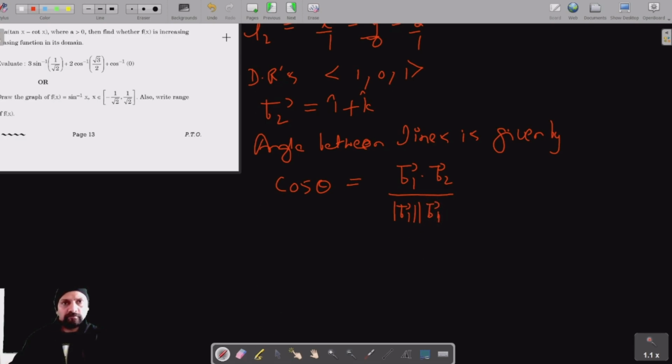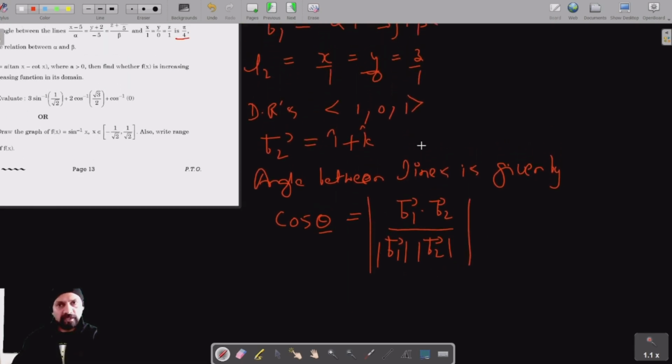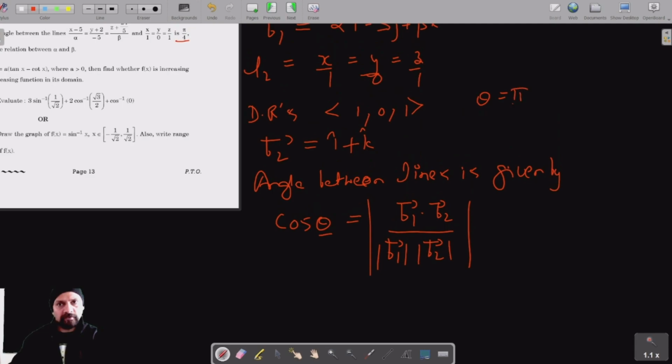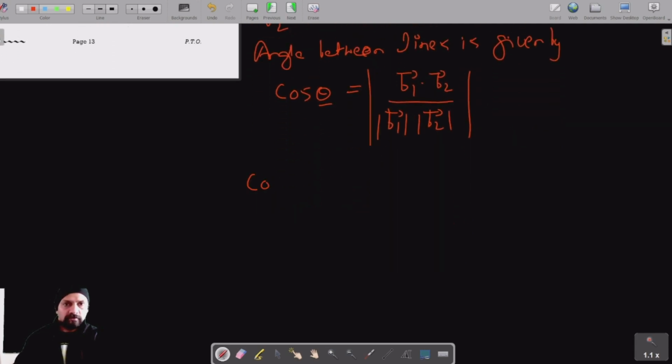So this is b2. So this is magnitude of b1 into magnitude of b2, and this is whole modulus. Now we are given that the angle is pi by 4. So it's cos pi by 4.